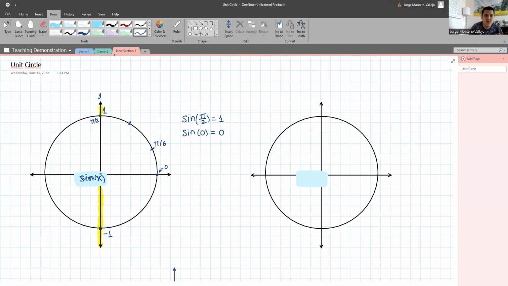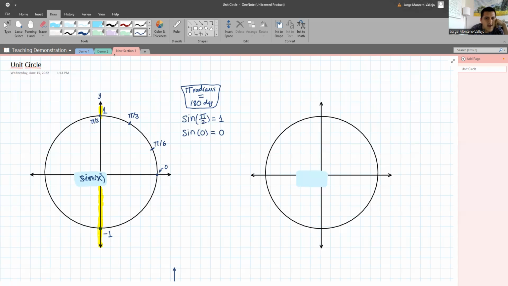And this other point over here is 60 degrees. 60 degrees is 1/3 of 180, and 180 was pi, so in radians, 60 degrees is pi divided by 3. Just as a reminder, I'm going to write here: pi radians is equal to 180 degrees, for those of you who maybe don't remember it quite well.